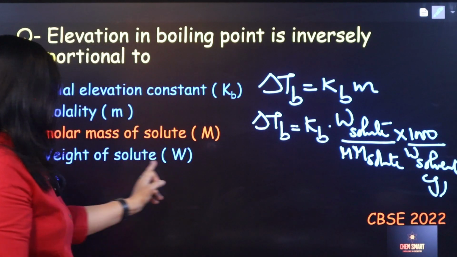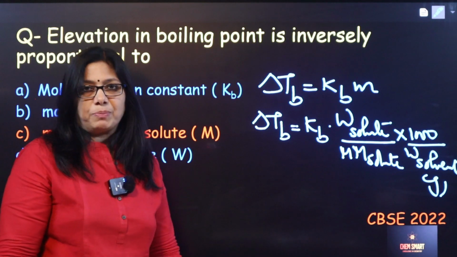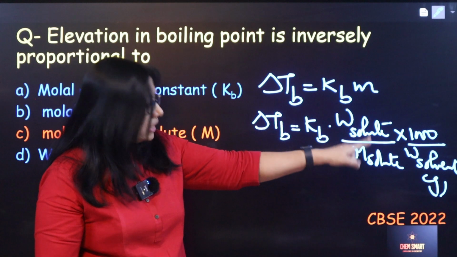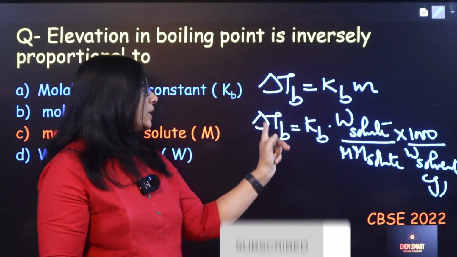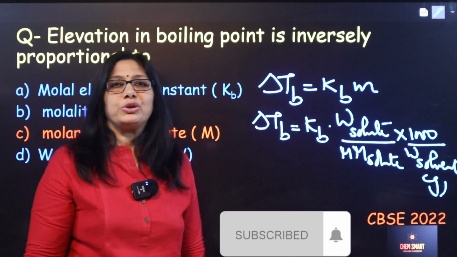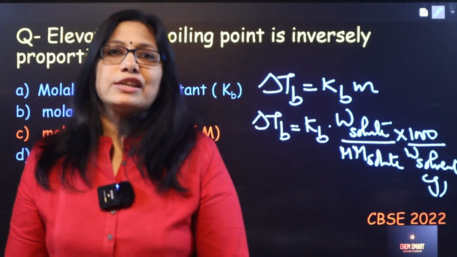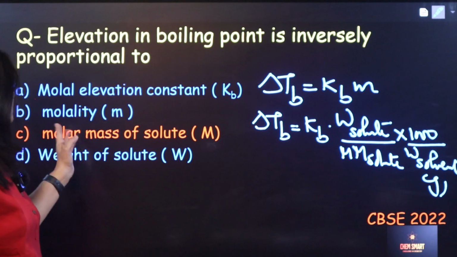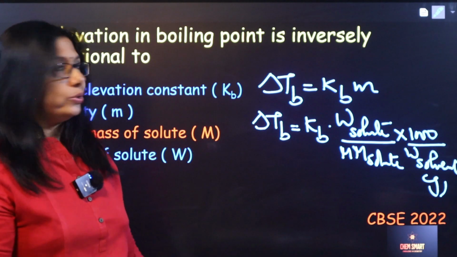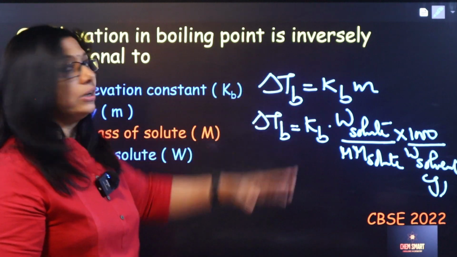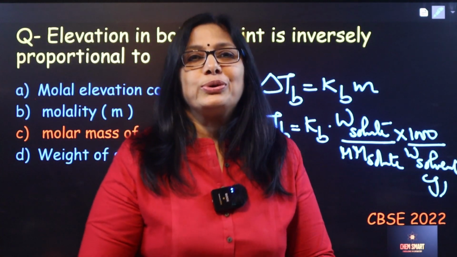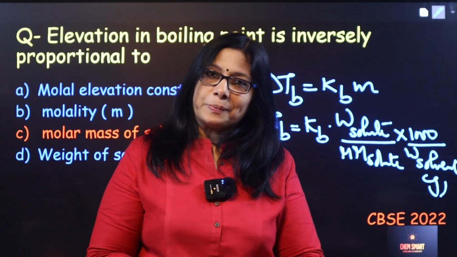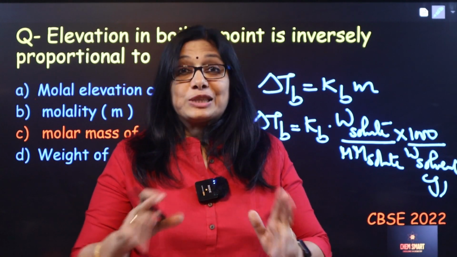So delta TB and W solute are not inversely proportional. But you can see molar mass of solute is coming in the denominator, right? So delta TB will be inversely proportional to molar mass of the solute. Clear? So the correct answer is molar mass of the solute. Is it clear?